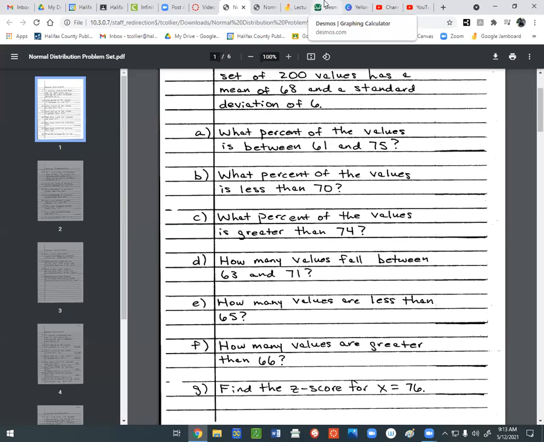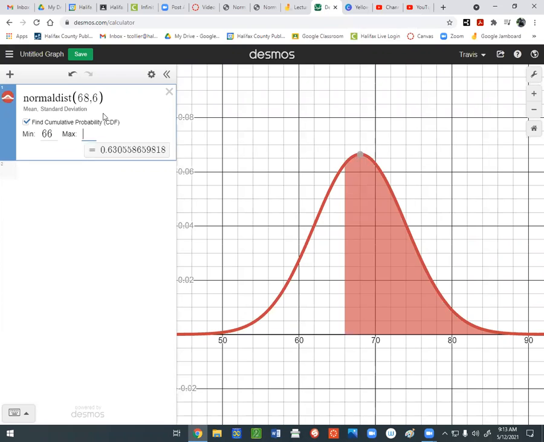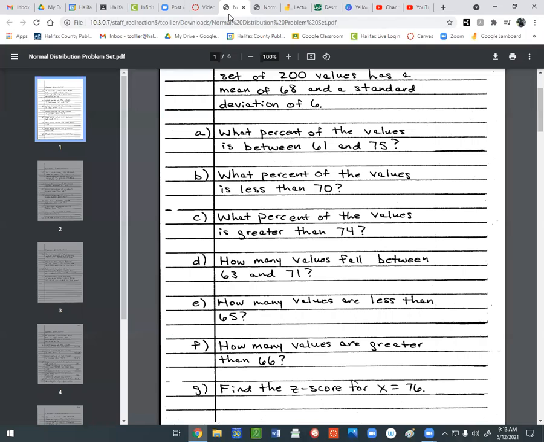Okay, so greater than 66. That means my minimum is going to be 66. My maximum is going to be positive infinity. And then the decimal that I get is 0.6306. But then since it asks how many values, I need to multiply by 200.